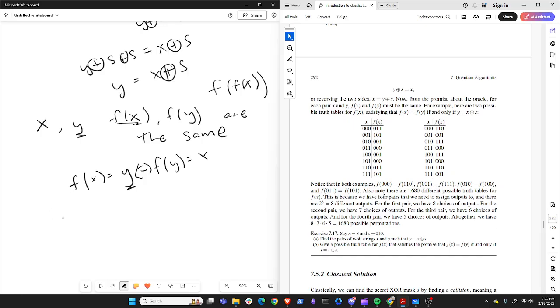So we can see here that, much like the example we were looking at before where pairs matched up, f of 0, 0, 0 equals f of 110 in this chart.